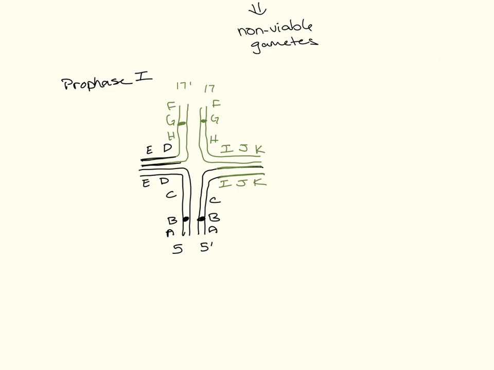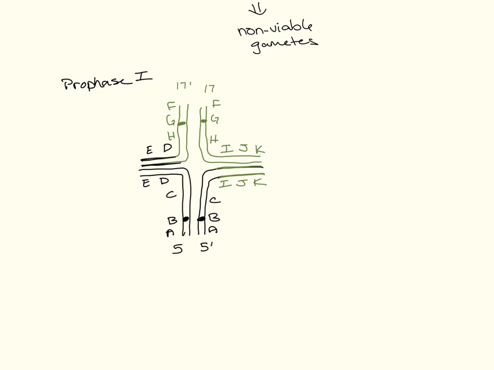Now there's a third possibility for how the chromosomes can be segregated, and you have to kind of picture it in 3D because I can't really draw it here too well, but it could be that 17 prime and 5 prime go to one spindle pole, and 5 and 17 go to another one if they're arranged just right along the metaphase plate.